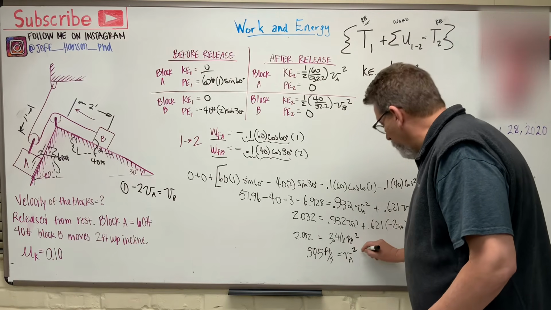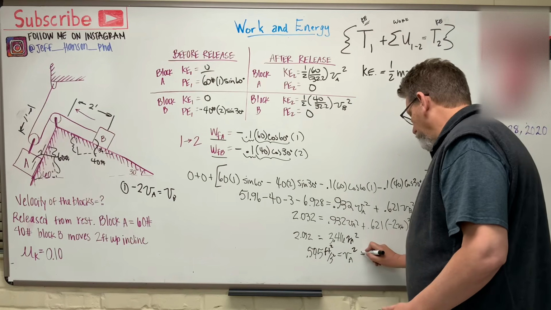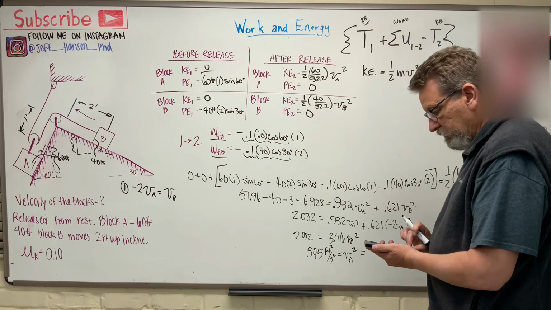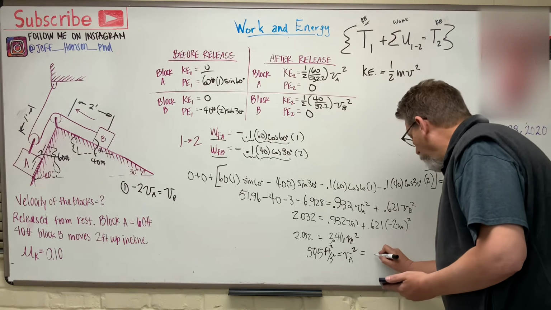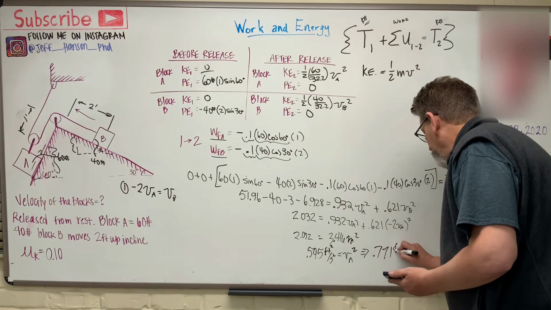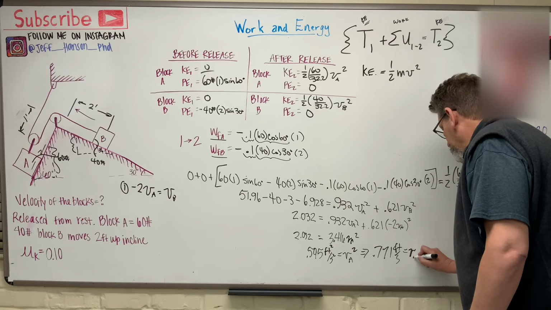Equals VA squared, I'm sorry. That's feet squared per second squared, which equals the square root of that. Square root of the answer is 0.771 feet per second equals VA.